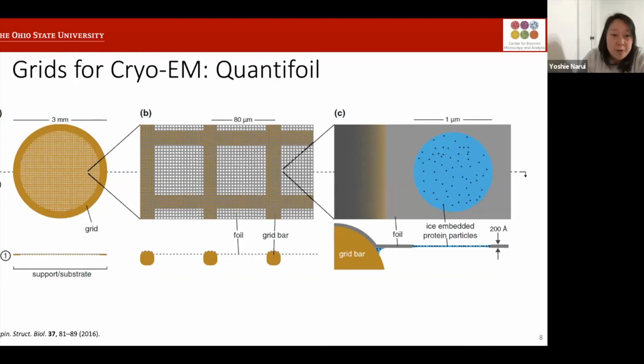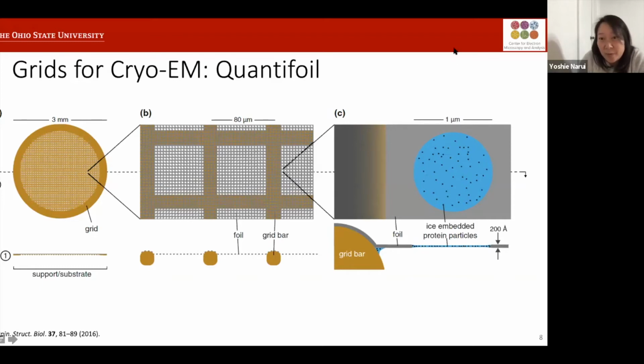Those are the most common for cryo-EM. So you have a 3 millimeter grid here. On top of the grid is what's called a foil material, which in most cases is amorphous carbon. So that's this gray network with holes in it, you can see. These holes, if you look in panel C here, are of a very consistent size.